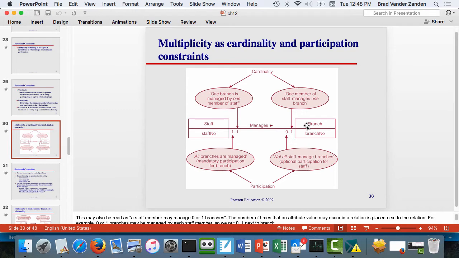On the other side, a branch is managed by a minimum of 1 staff member and a maximum of 1 staff member. And from that, you get that the degree of this relationship is 1-1.